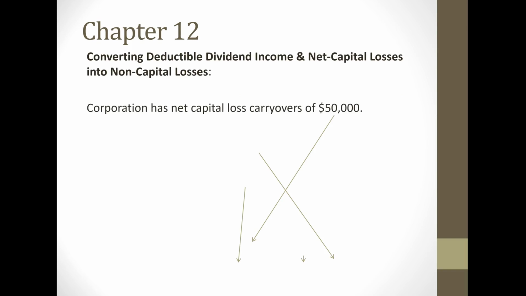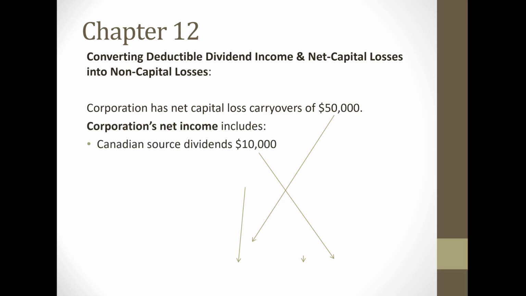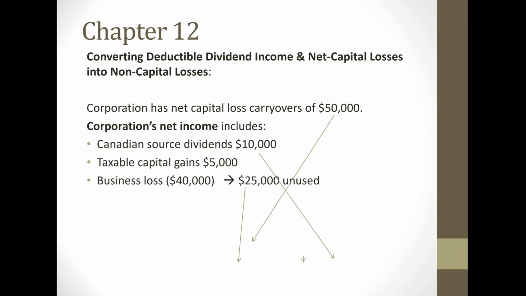This company has net capital loss carryovers of $50,000. Their net income for tax purposes includes that dividend of 10,000, taxable capital gains of 5,000, and the business loss of 40,000. And once again, they can only use 15,000 of that business loss in the current year, so 25,000 is unused.